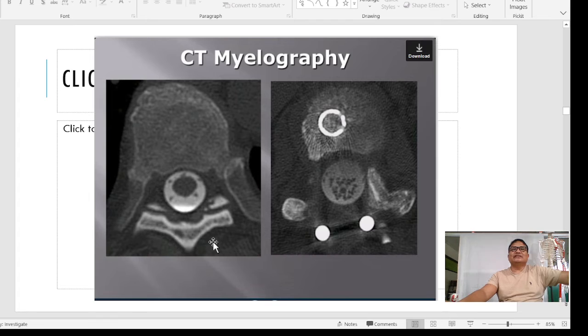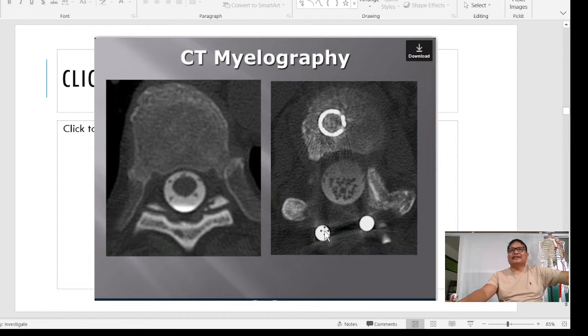So this is the cord in the middle. Your lamina, this is the pedicle. Then you have your lamina, spinous process, vertebral body. So look at that, there's a fragment here. What is this, sir?